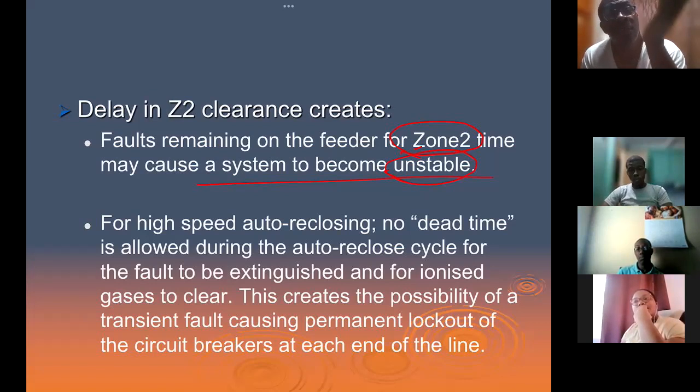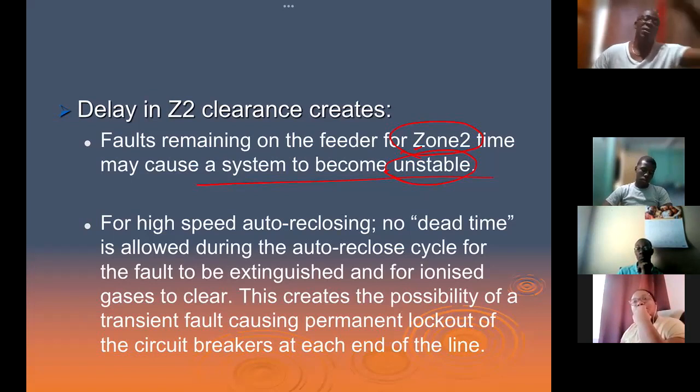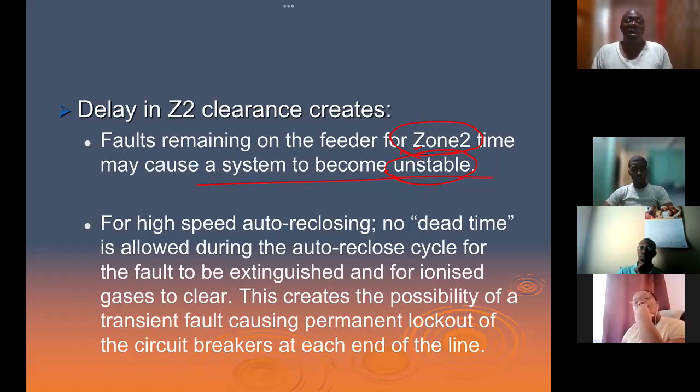Let's say you had high winds in an area, and because of the high winds, a tree swaying, a branch touches your transmission line. Immediately you have a single line to ground fault or a double line to ground fault. But because it is windy, the fault doesn't remain.